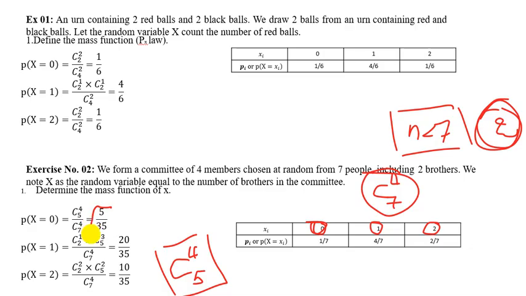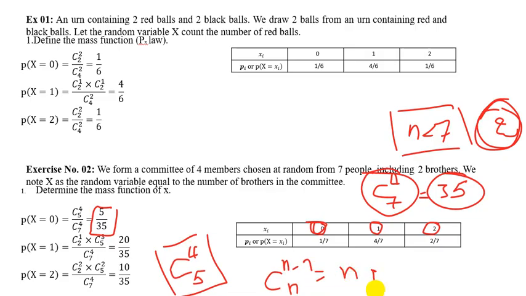So it is 5 over 35, because C(7,4) is 35. We know that C(n,n-1) is always n. So here C(5,4) is 5, so 5 divided by 35, which is 1 over 7.